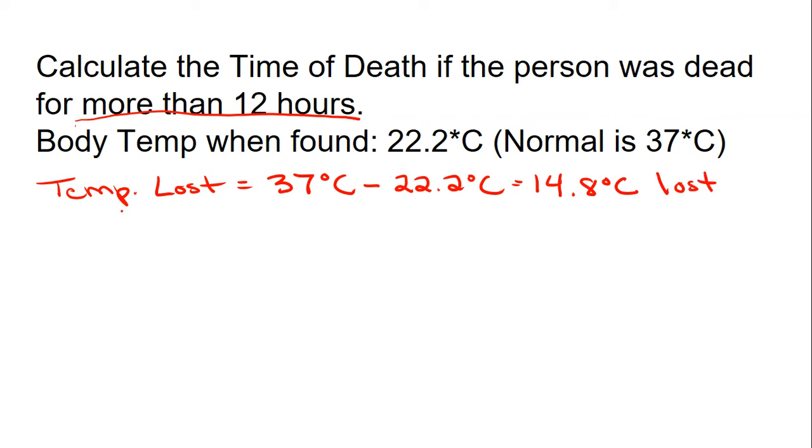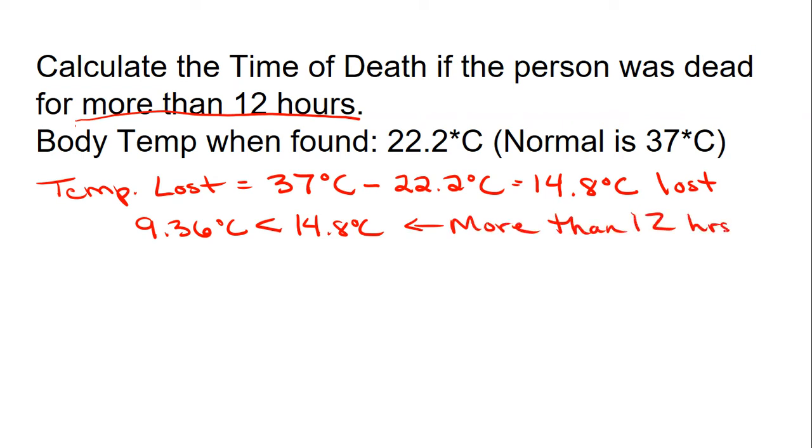So we're going to compare that to our 9.36. 9.36 degrees Celsius is going to be less than 14.8 degrees Celsius. So this means it was more than 12 hours ago.